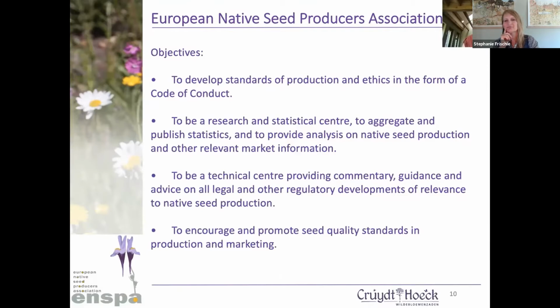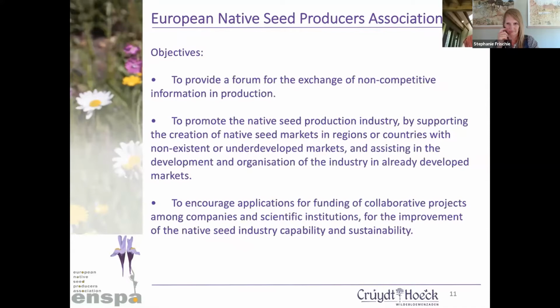To be a research and statistical center, to aggregate and publish statistics and to provide analysis on native seed production and other relevant market information. To be a technical center, providing commentary, guidance and advice on all legal and other regulatory developments of relevance to native seed production. To encourage and promote seed quality standards in production and marketing.